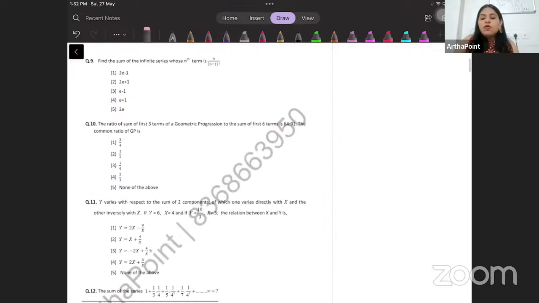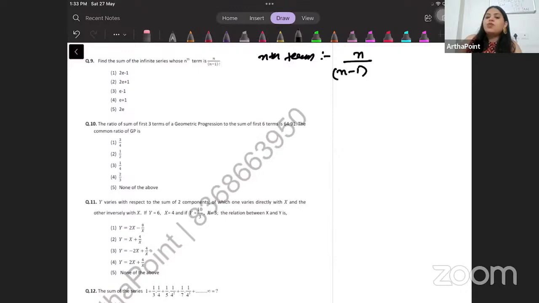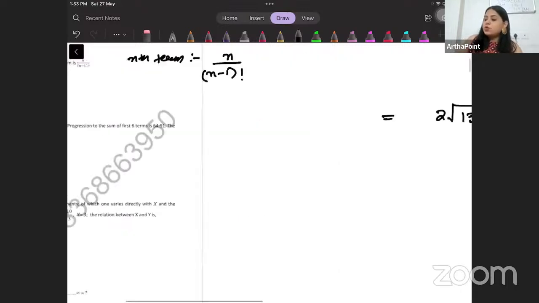Find the sum of the infinite series whose nth term is given to you as n upon n minus 1 factorial. But let us think about what we can do here.